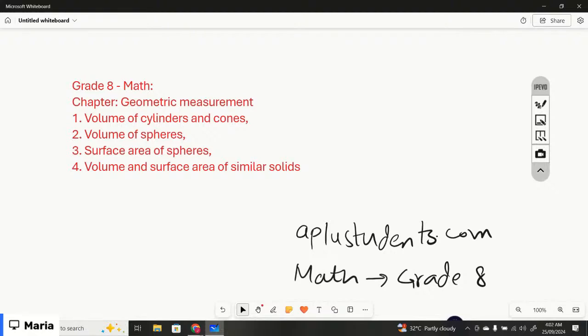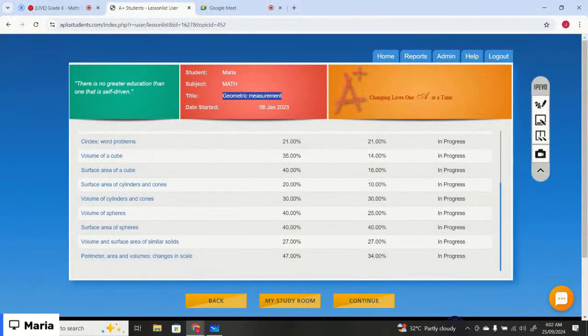The lessons we're going to cover today are volume of cylinders and cones, volume of spheres, surface area of spheres, volume and surface area of similar solids. So please make sure you have your notebook and pencil so that you can note down the important examples and definitions as well, right?